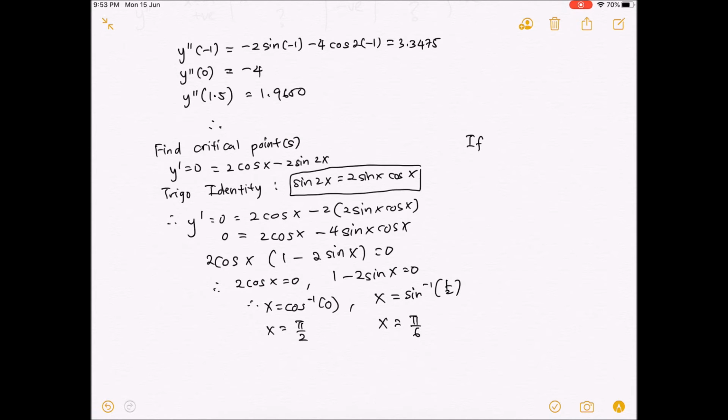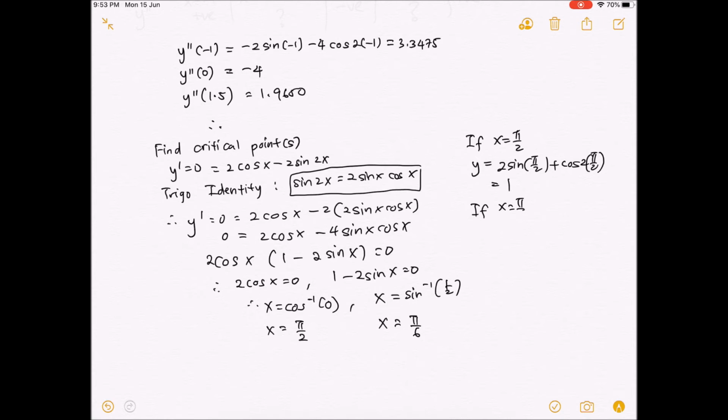Okay, so if x equals pi over 2, your y will be 2 sine pi over 2 plus cos 2 times pi over 2. Use your calculator and you'll have 1.